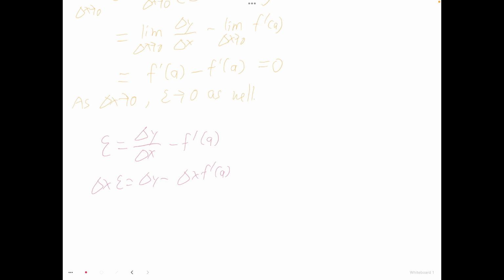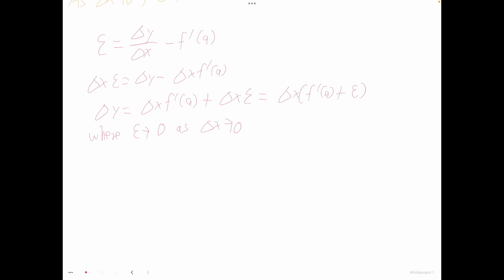Remember, we're solving for delta y, so adding the delta x f prime of a to the other side, we get delta y equals delta x f prime of a plus delta x epsilon, which equals delta x times f prime of a plus epsilon, where epsilon goes to 0 as delta x goes to 0.